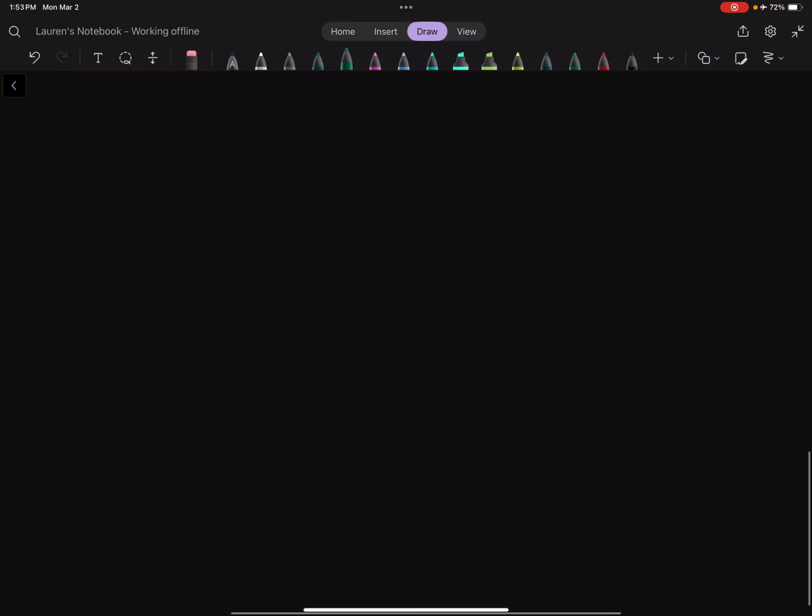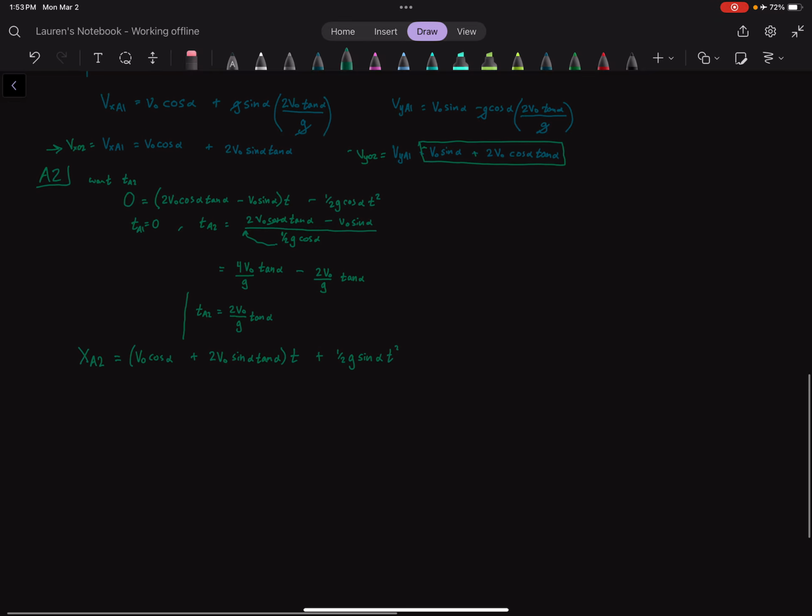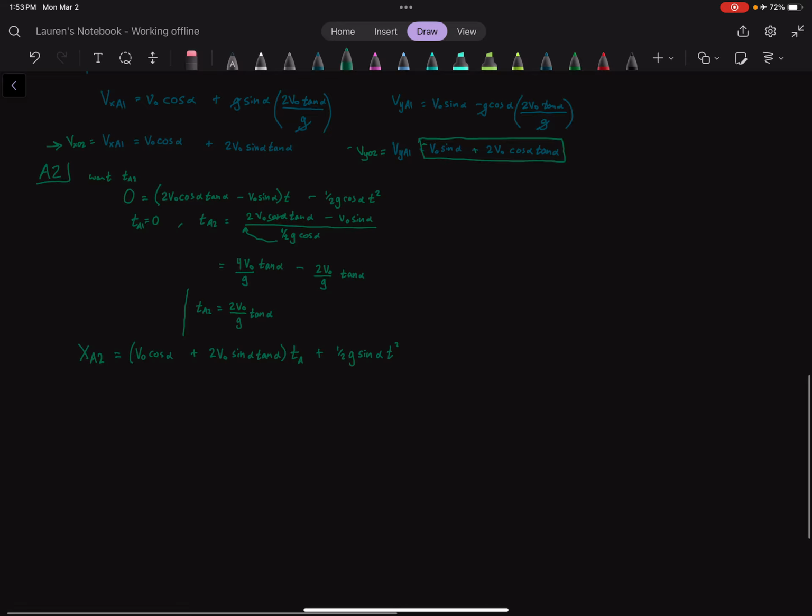So now we're going to plug in our t. So I'll just label this A2, and we'll expand this to plug in our t. So we have v naught cosine alpha plus 2 v naught sine alpha tangent alpha times 2 v naught over g times tangent of alpha.